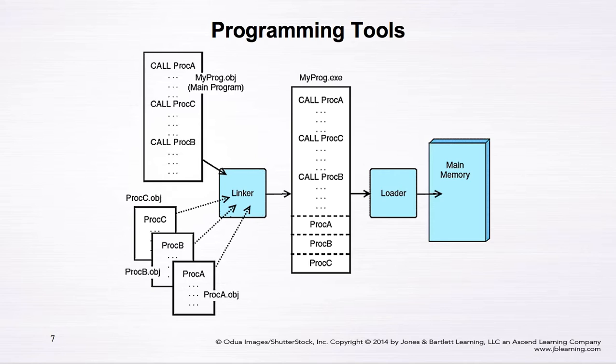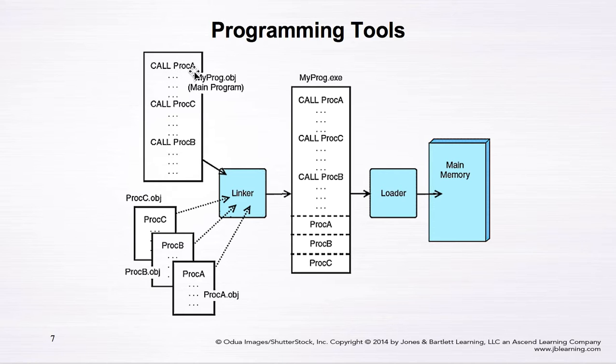Here is a graphical representation of a linker that's used to combine related program files into a unified loadable module for main memory. In the source code right here, you can see that the main program includes multiple external modules.